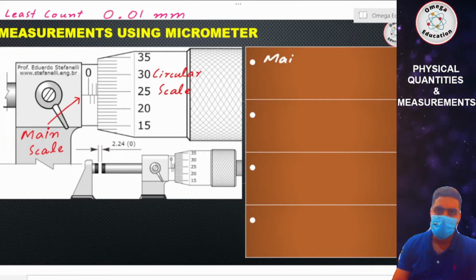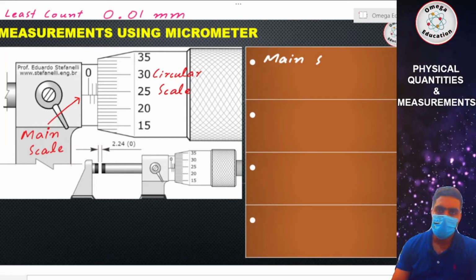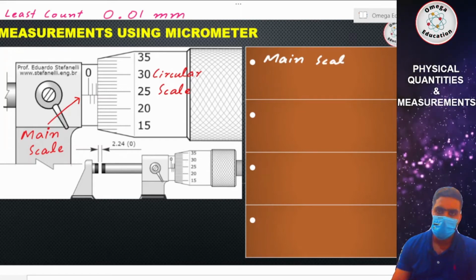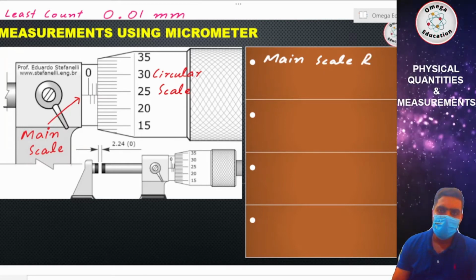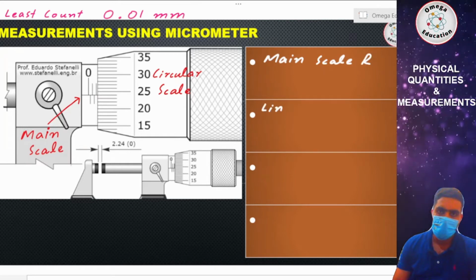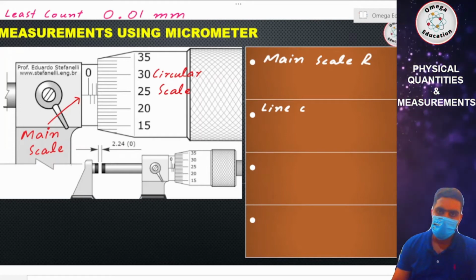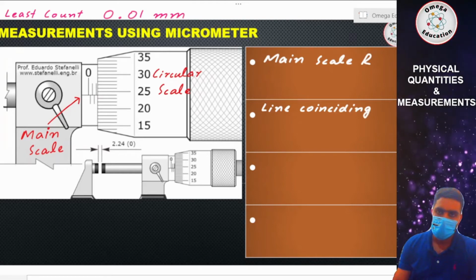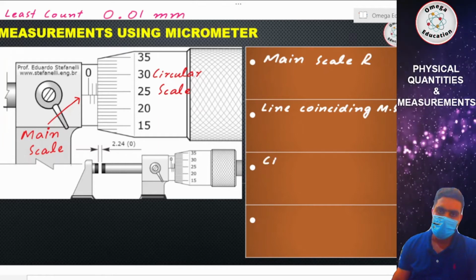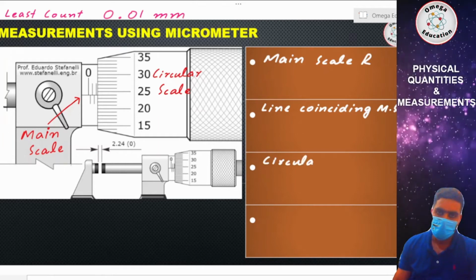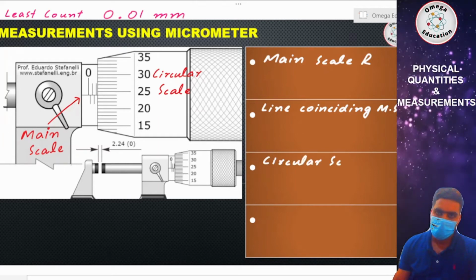Main scale reading, main scale R. Then we need to find the line coinciding with the main scale, then the circular scale reading, circular scale R, and then the final reading.